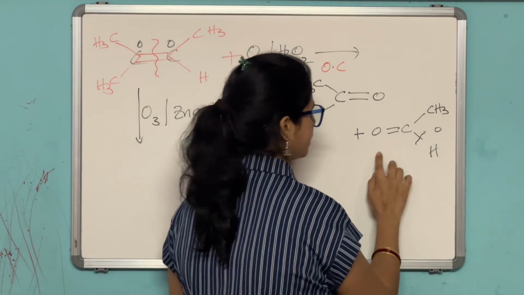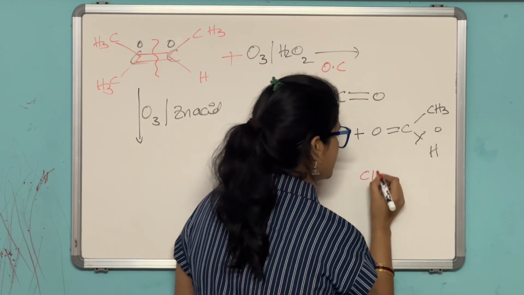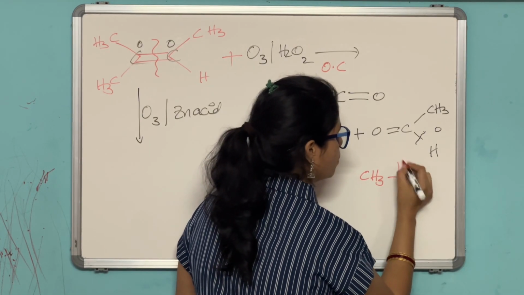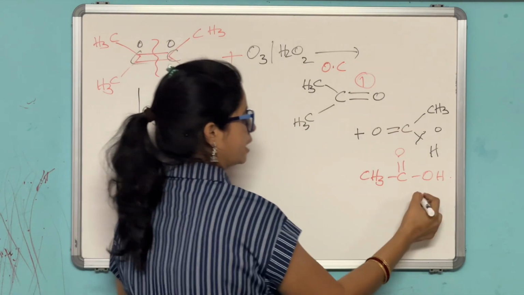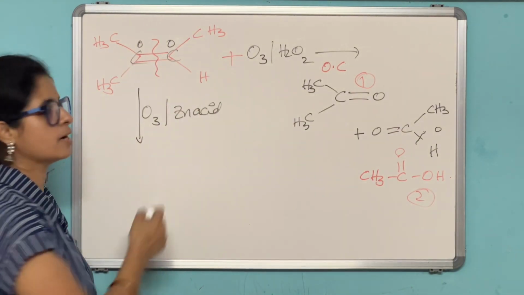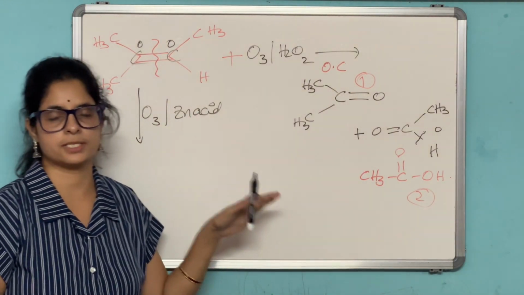So here I will write CH3 C double bond O OH, acetic acid. So 1 and 2 are the products under the oxidative cleavage of ozonolysis.